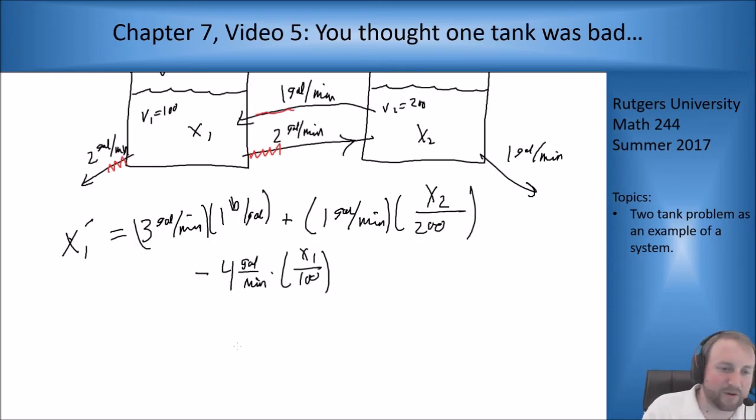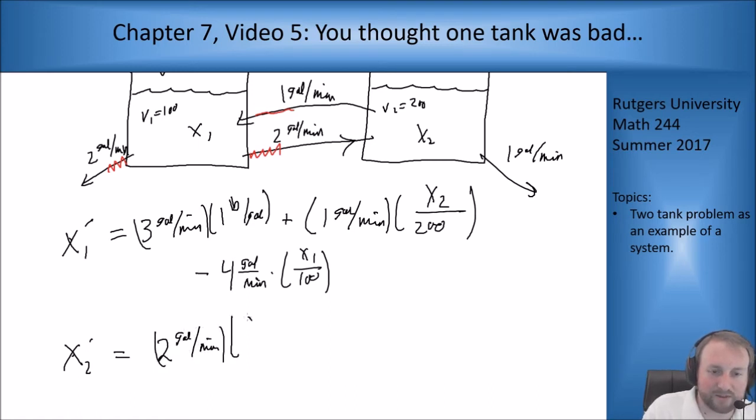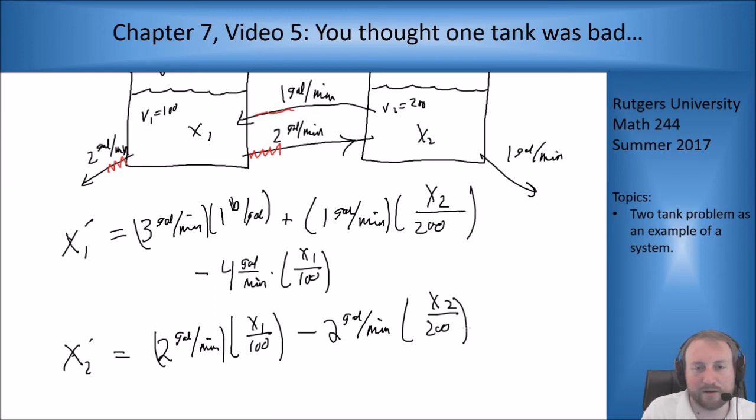And similarly, I can think about tank 2. So X2 prime, the rate of change of salt in tank 2, is going to be the inflow stream, which is 2 gallons per minute times X1 over 100. And then the outflow streams are minus 2 gallons per minute times X2 over 200, because I can put these two outflow streams together because they're the same sort of thing.